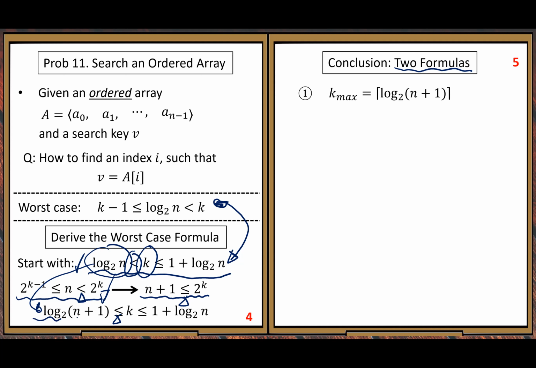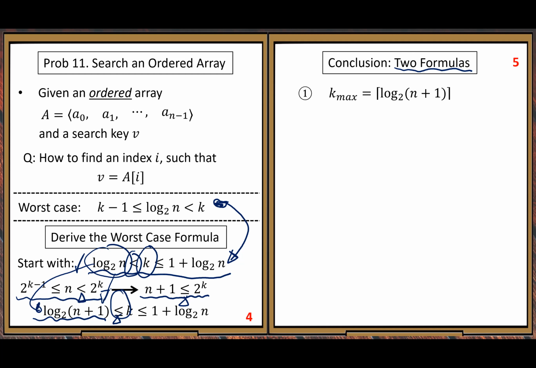We use this leftmost expression, log base 2 of n plus 1, but we take the ceiling function because here it is less than or equal to k. When you take the ceiling function, you move it up, then you reach that k. That's the K-max number.